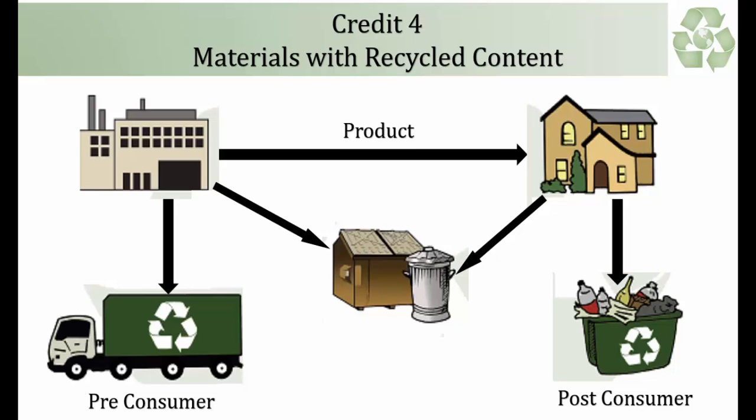The total percentage of materials with recycled content by cost over total building material cost should be 10% to obtain 1 point and 20% to get 2 points under this credit. Our project has materials with more than 20% recycled content, hence we have taken 2 points under this credit. Next credit is local materials.